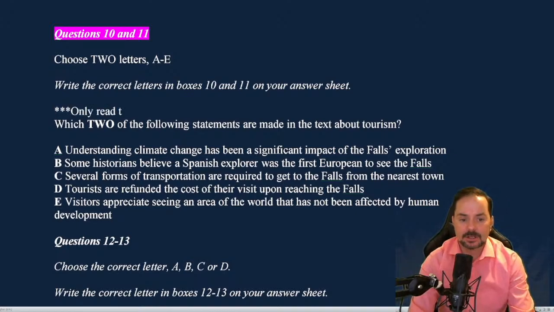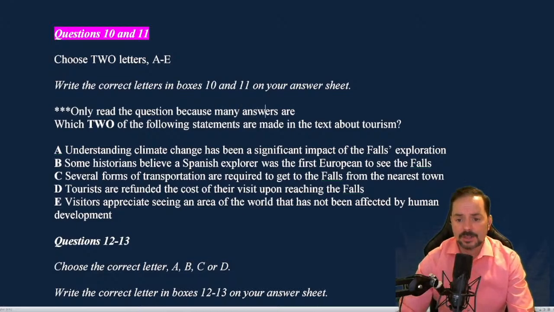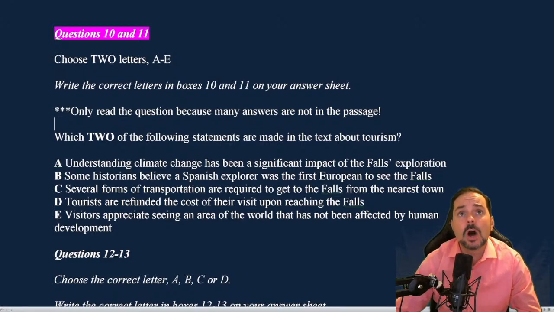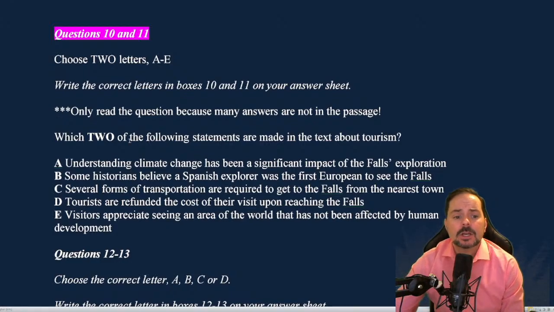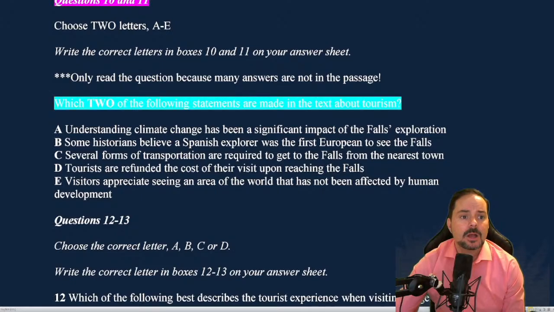So only read the question because many answers are not in the passage. So, okay, again, it's like true, false, not given. Don't read information that's not in the passage, all right? So here we only read the question, okay?